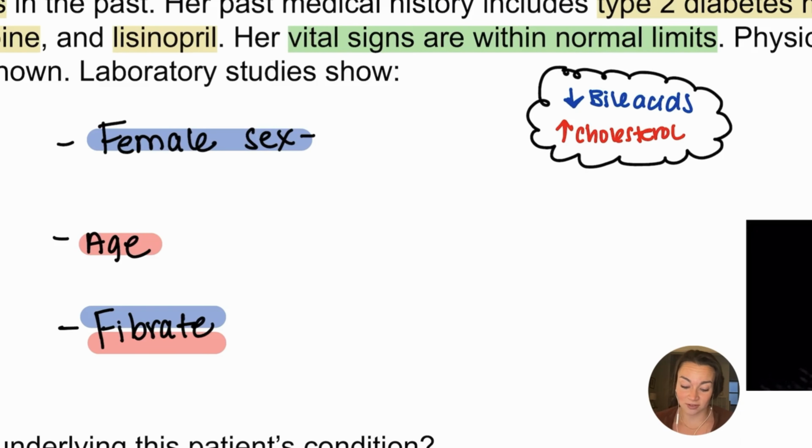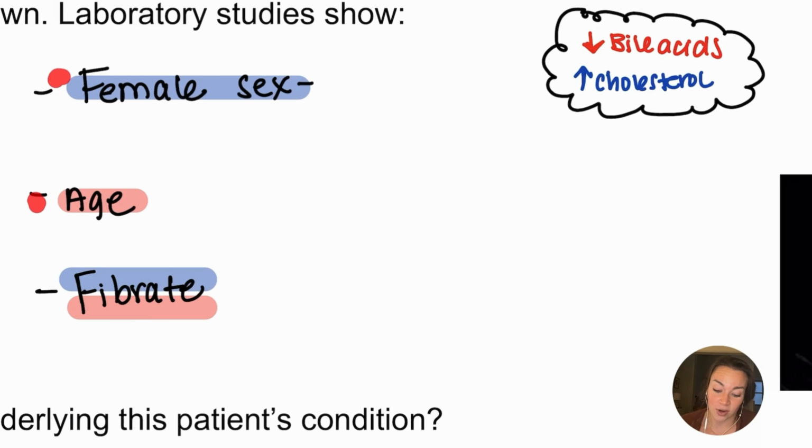So each of the risk factors in this question can be attributed to one or both of those underlying causes, either a decrease in the production of bile acids and bile salts, or an increase in the saturation of cholesterol in the bile.